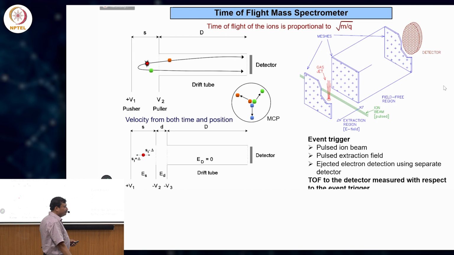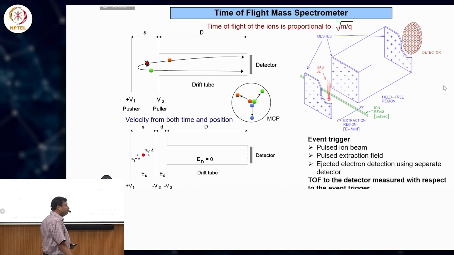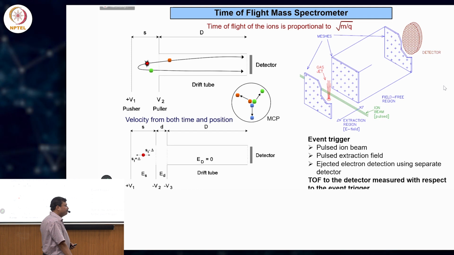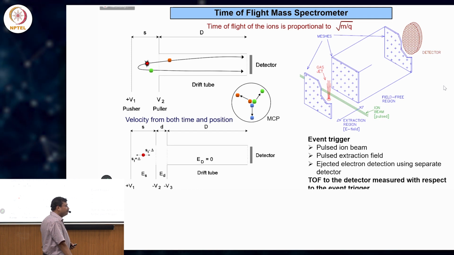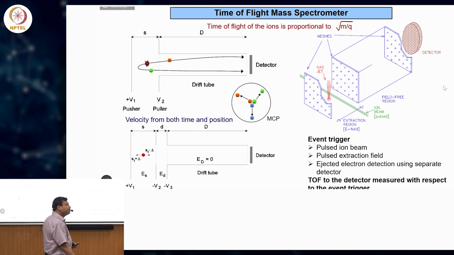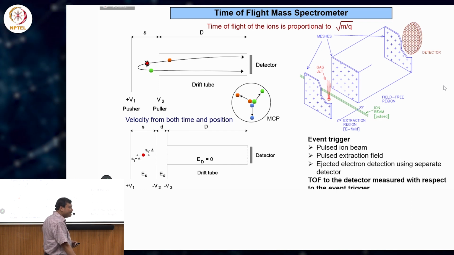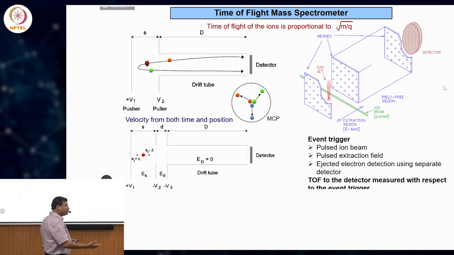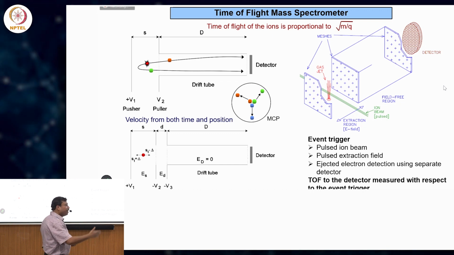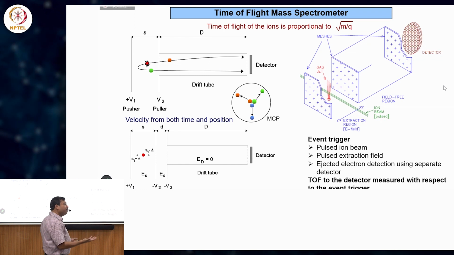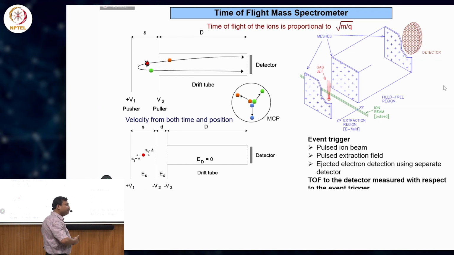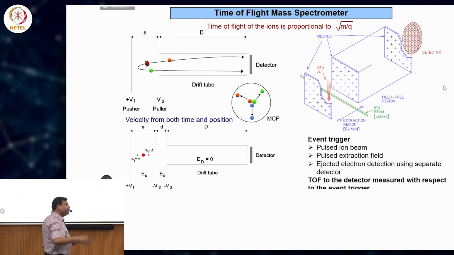T square. Okay. Now his question is that if you have a longer t, will that 32 microseconds be enough for higher masses? Then you have to have a time to digital converter which will have a longer range.